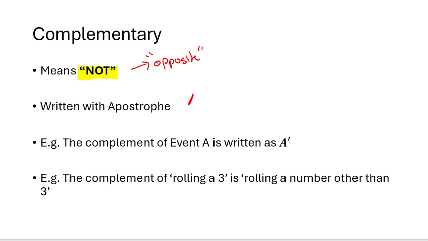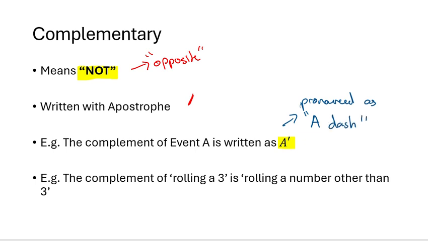Now, how you would typically write things, let's just say event A is, they've labeled event A as this. How you typically write it is A dash, pronounced as A dash.